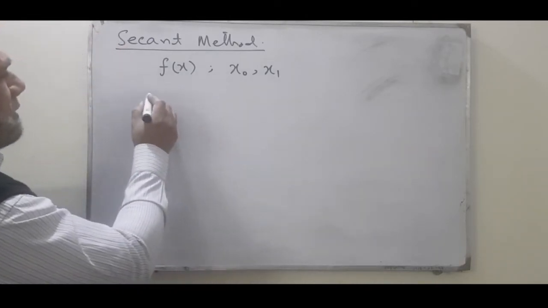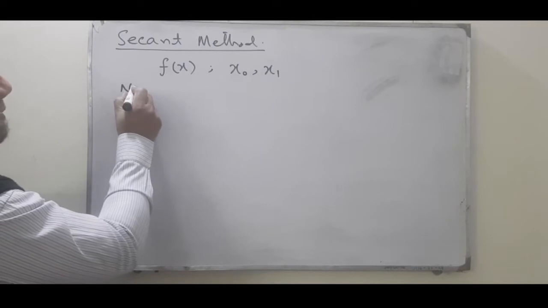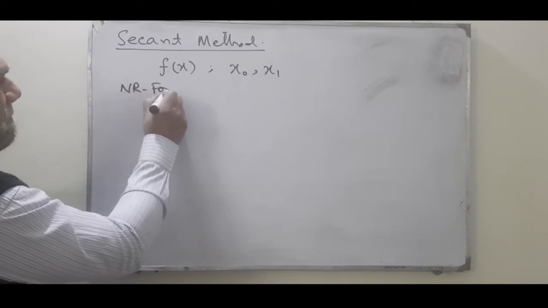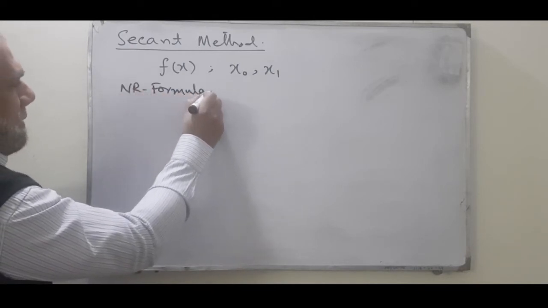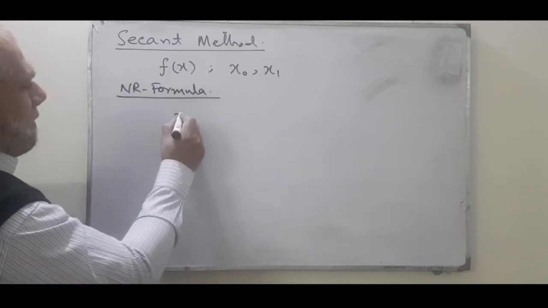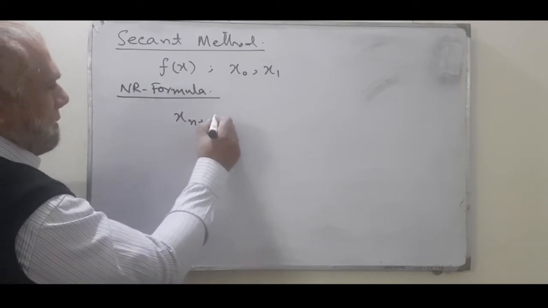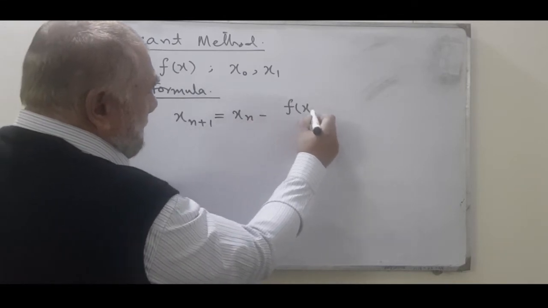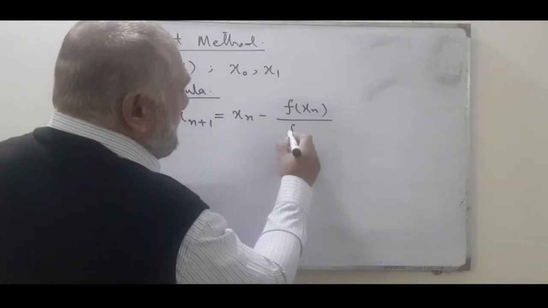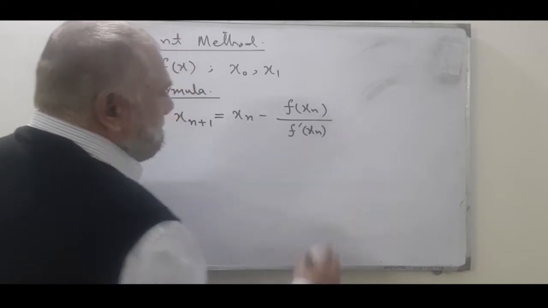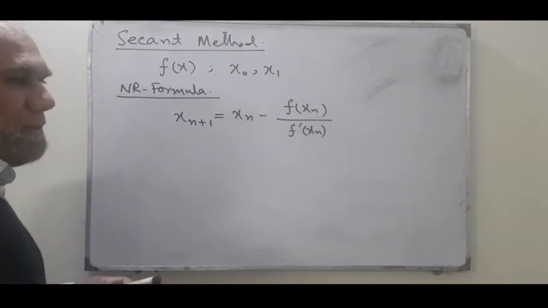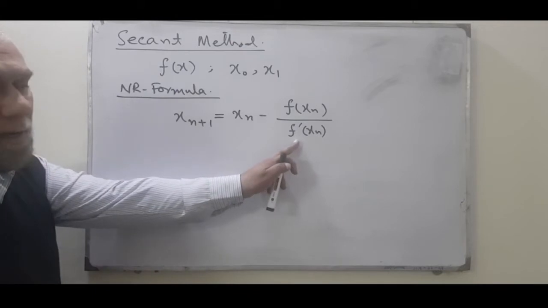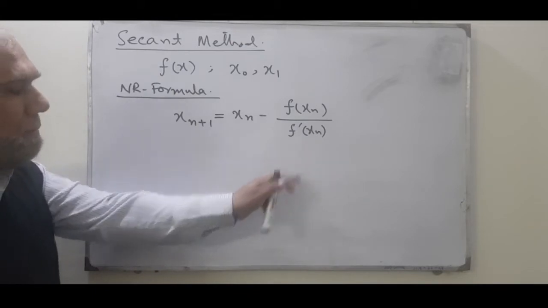We start from the Newton-Raphson formula, which we derived in our previous lecture: x(n+1) = xn - f(xn)/f'(xn). When we derived this formula, I told you that the derivative appearing in the denominator is a major problem.